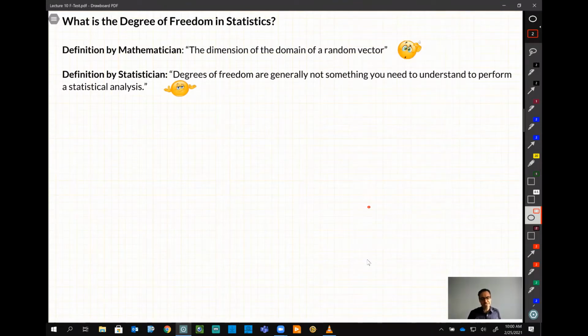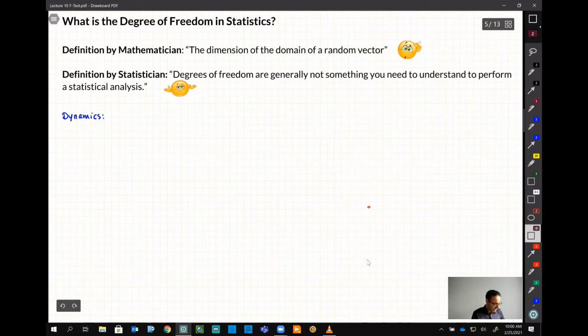And on Tuesday, I noticed in the chat, several people asked, is it similar to dynamics? So I decided to explain it dynamics-wise. Maybe it's easier for us to understand. So in dynamics, forget about data. Let's say I have a box, and for simplicity, let's say in 2D, on our table.